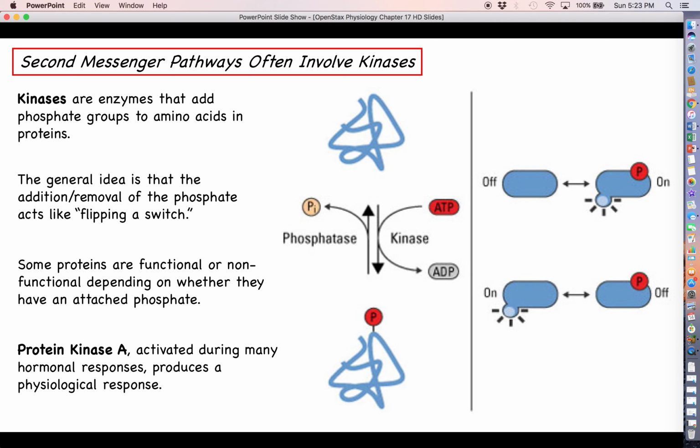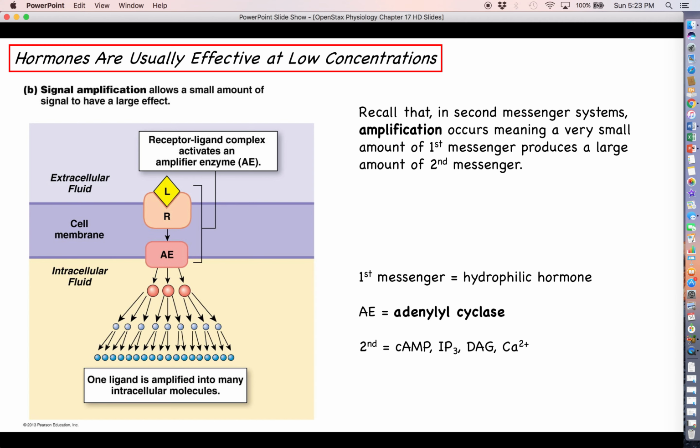So protein kinase A is a part of a lot of G-protein coupled receptor pathways that are going to rapidly phosphorylate proteins inside the cell to give us some kind of change in cell physiology, which, as part of a whole tissue, those cells which have new function should give us our overall physiological response.